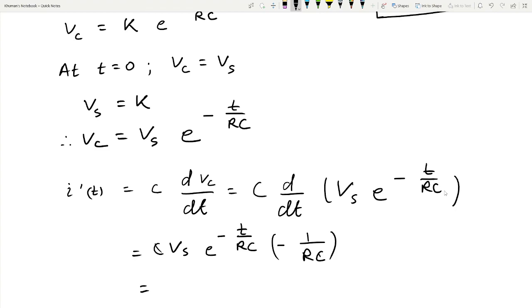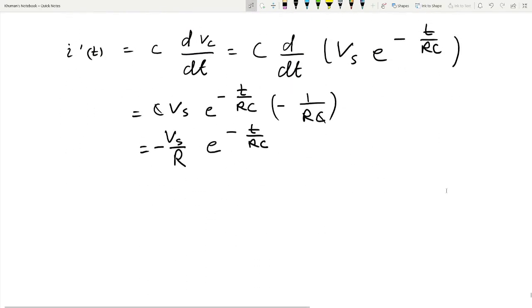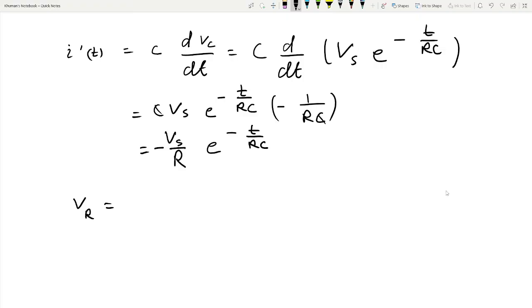Now this C will be cancelled out. Okay, this is the current. Then VR will be equal to R i prime t. Okay, it's equal to minus Vs e to the power minus t by RC.